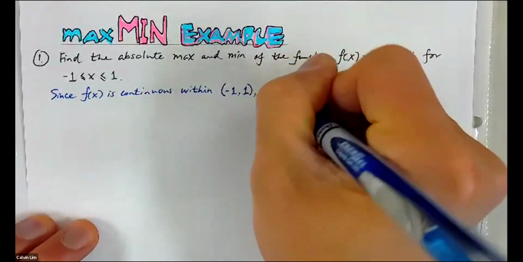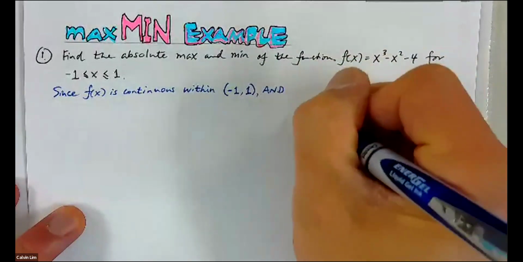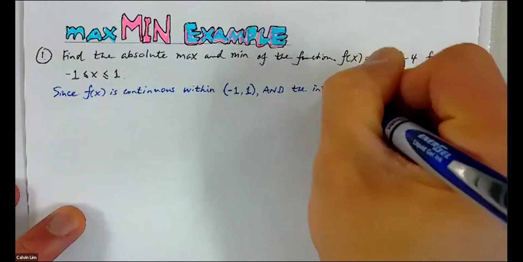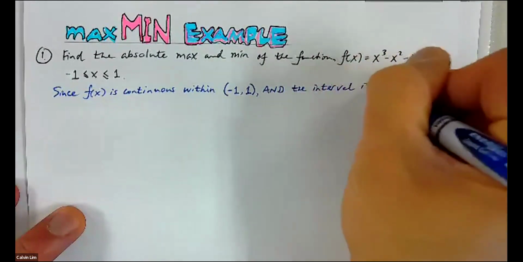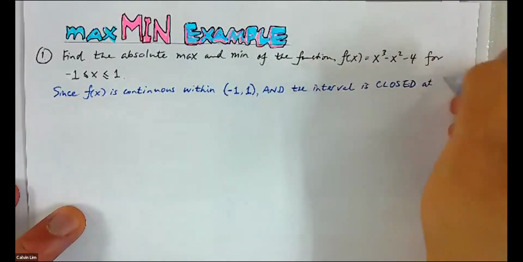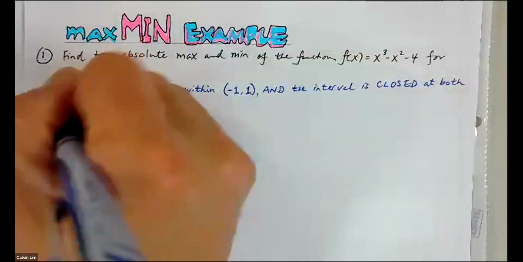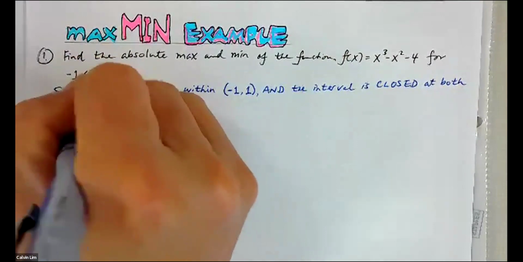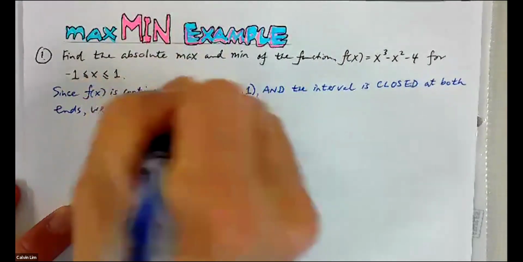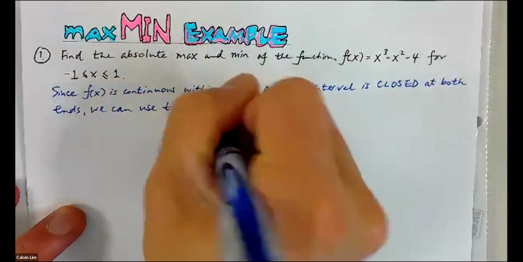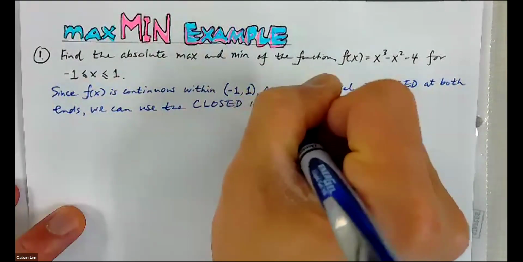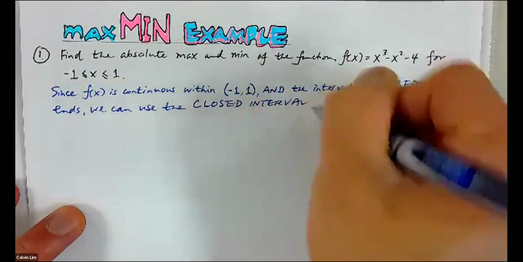And the other criterion is the interval is closed at both ends. We can use the closed interval method.